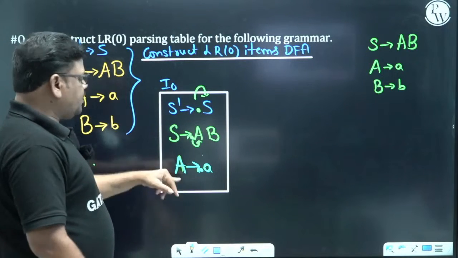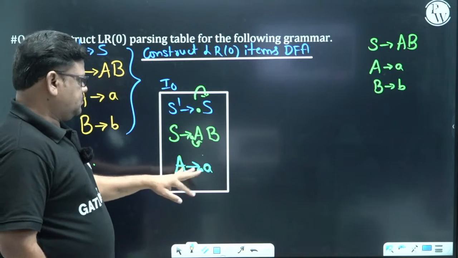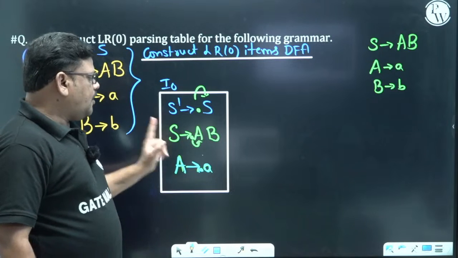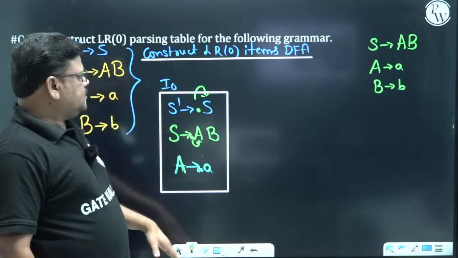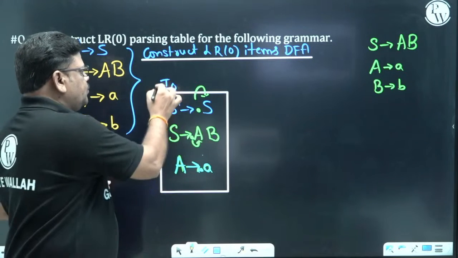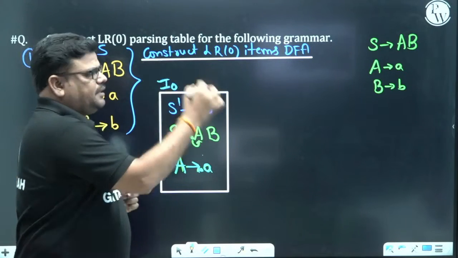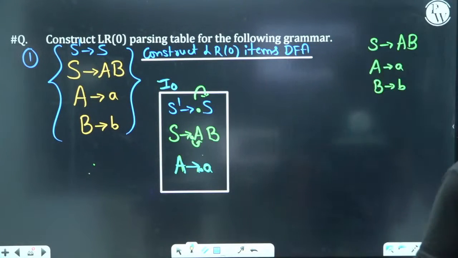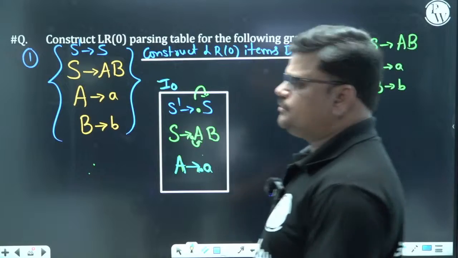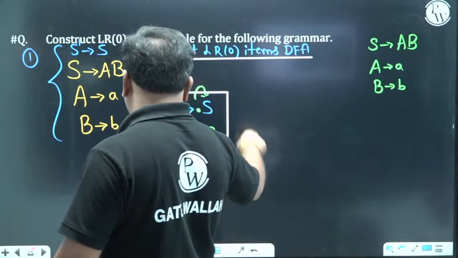Now the B production will not be added into the state, because immediately after the dot, capital B is not there. So this is the first thing we have to do: state 0, the initial state of the DFA, is constructed. The A production is added. Do you need to add the B production here in state 0?